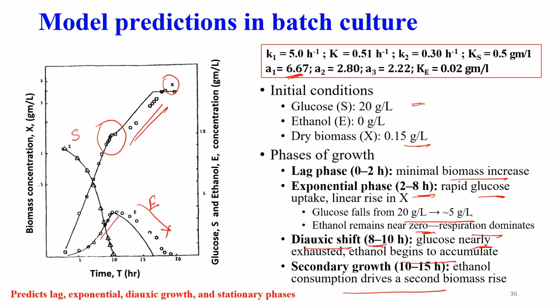So this model is very well able to predict the diauxic shift particularly, and the more detailed dynamics of the system, particularly the lag phase, exponential phase, diauxic growth and stationary phase. And when ethanol is 0, the cell mass has reached the stationary phase.